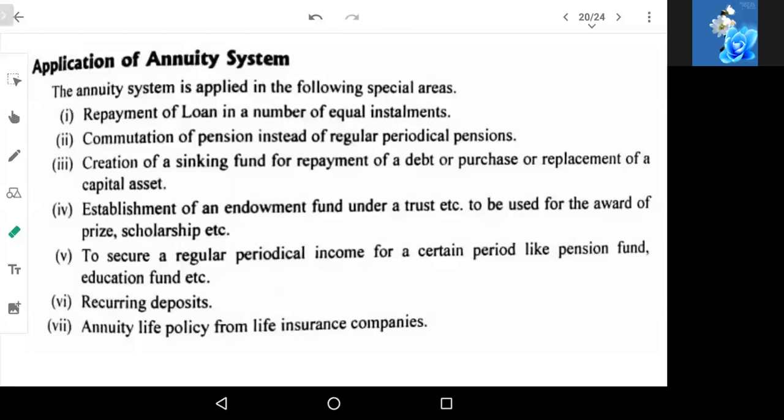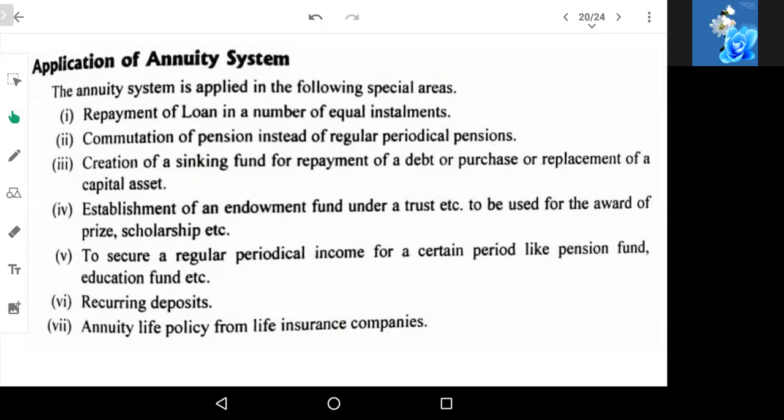Good. Now moving further to the application of the annuity system. Now here annuity is applied in special cases. Let us understand where all we can find the annuity concept used. Firstly, in repayment of loan in installments, EMI.